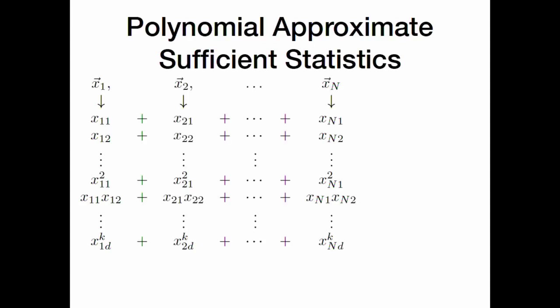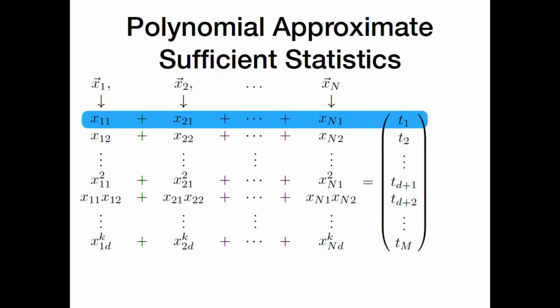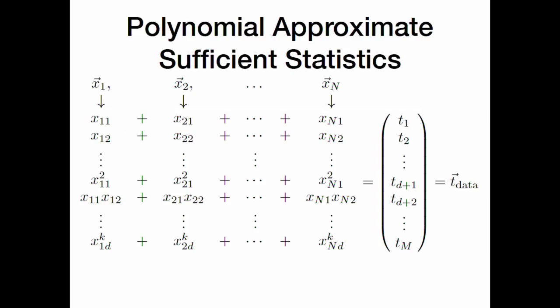The way we construct them is, for each data point, we calculate the monomials of the components of that data point up to some degree k. We repeat this for each data point, and then we sum each of the monomial types, and this gives us our approximate sufficient statistics.